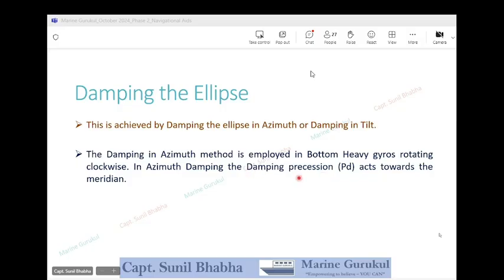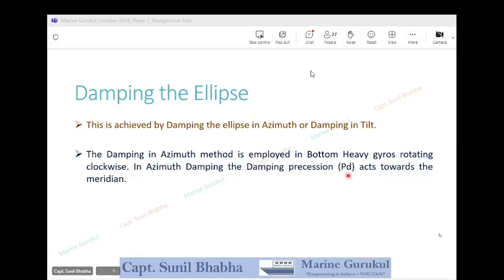It is known as a damping precession, in short known as PD. In a gravity-controlled gyro, we had introduced the control precession, which was known as PC. Now, for damping the ellipse, we will introduce a damping precession, which is known as PD.